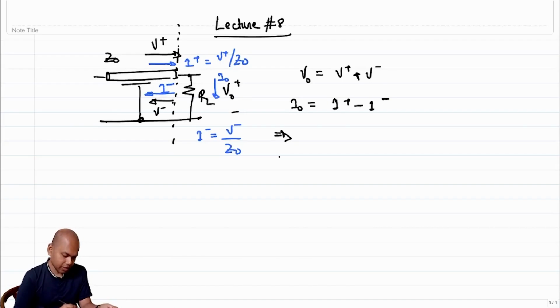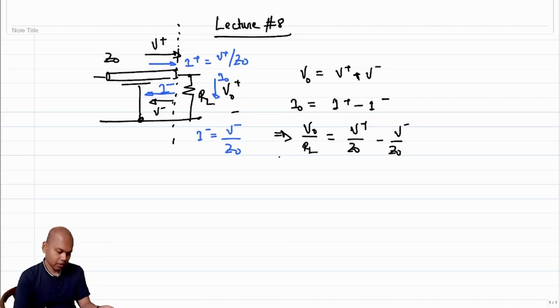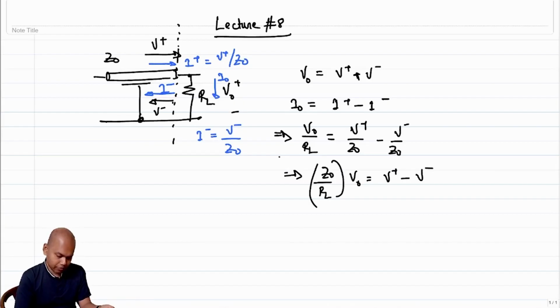Ohm's law imposes this constraint: I naught is V naught over RL, which is equal to V plus over Z naught minus V minus over Z naught. So V naught Z naught over RL is V plus minus V minus, and V naught is V plus plus V minus.